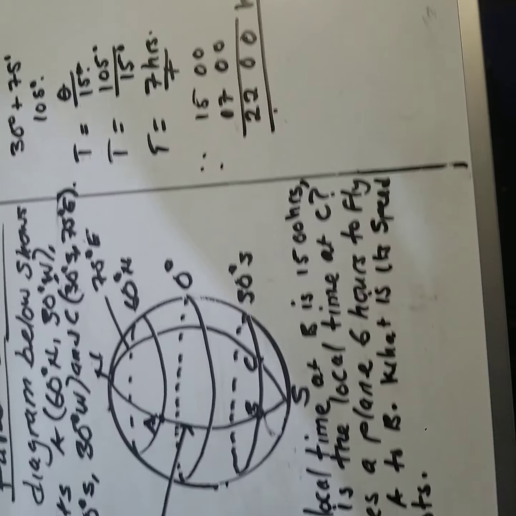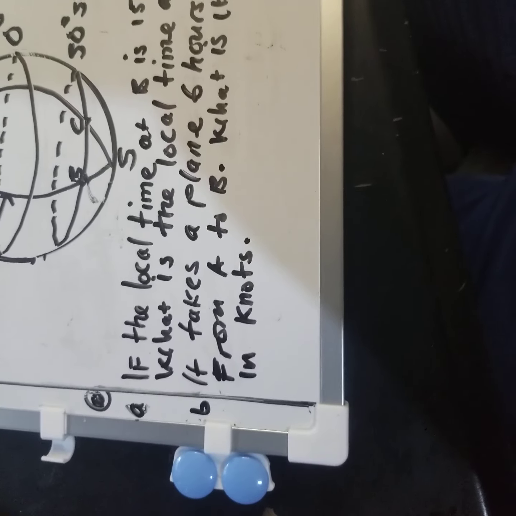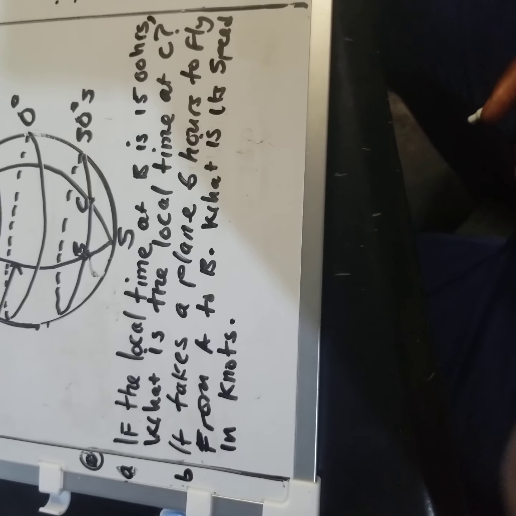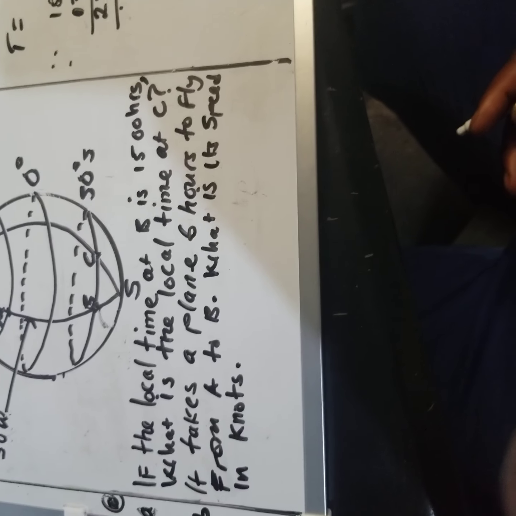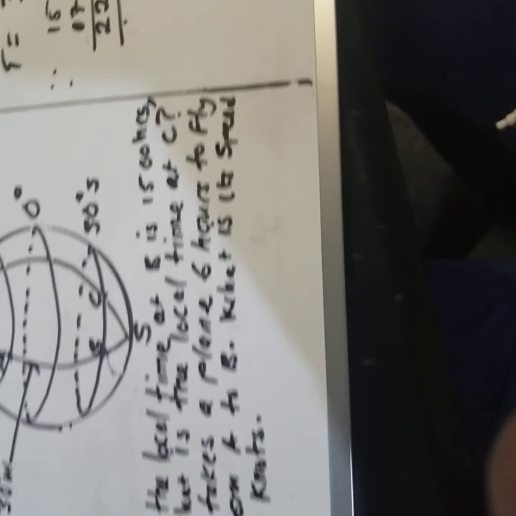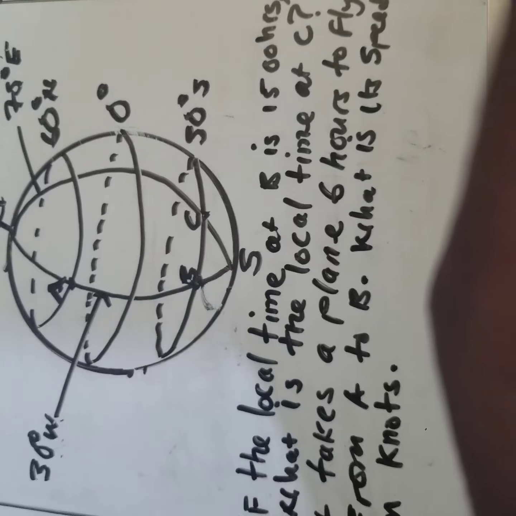Now let's see the next question. The next question says it takes a plane 6 hours to fly from A to B. What is its speed in knots? Now, the first thing you should bear in mind is, what is speed?